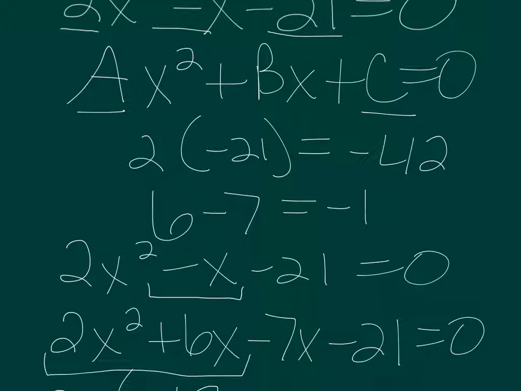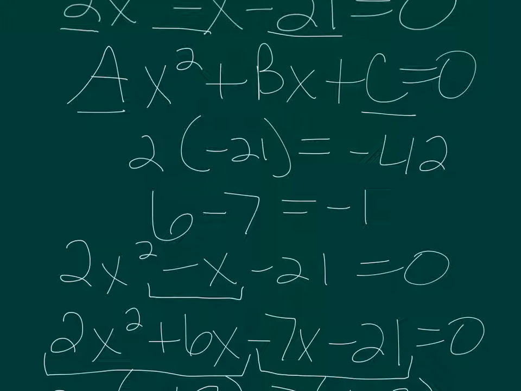Now let's look at these last two terms. If I do this correctly, I'm going to be left with an x plus 3, so I'm going to factor out a negative 7. When I factor out a negative, it changes our sign, so that's a positive, and 21 divided by 7 is 3.